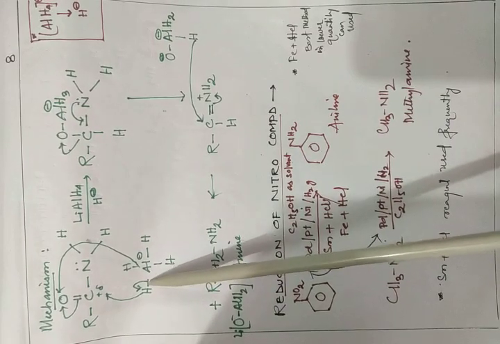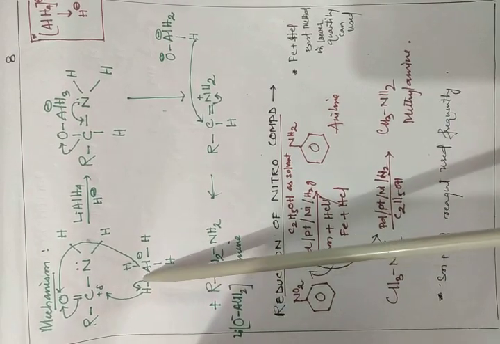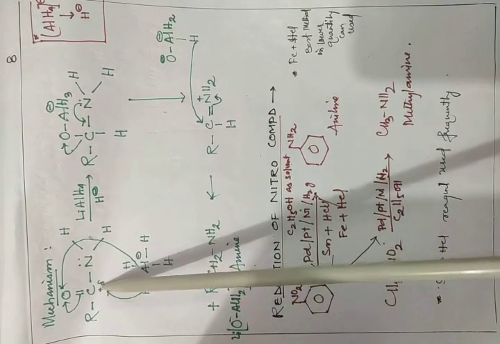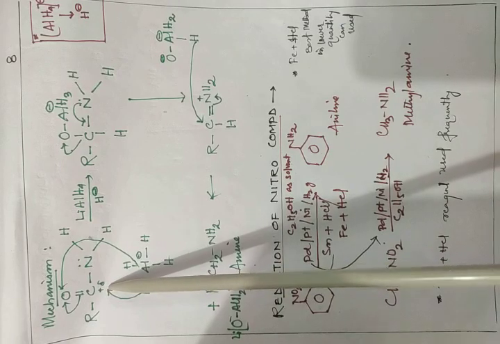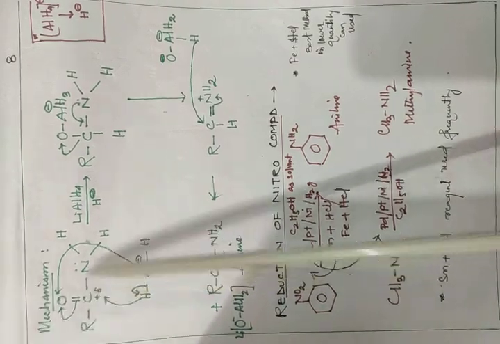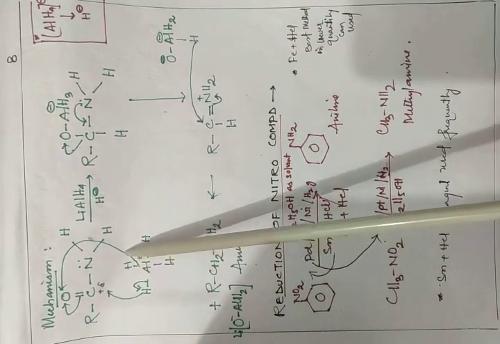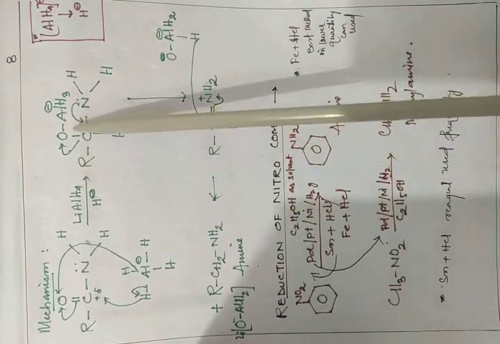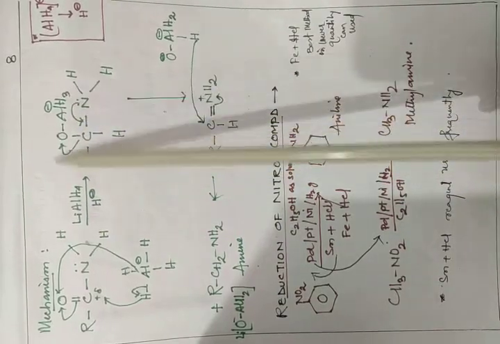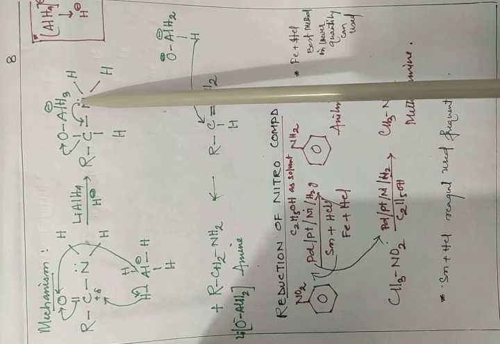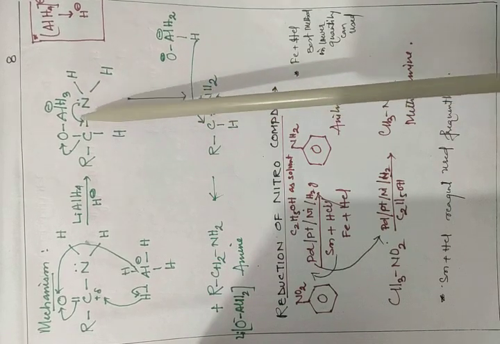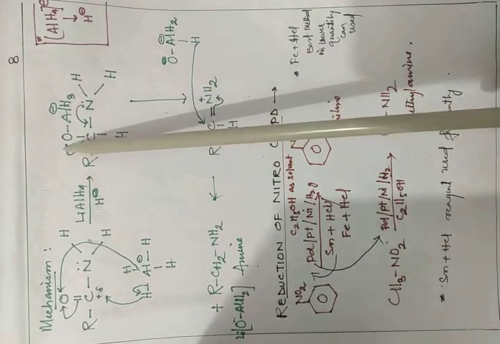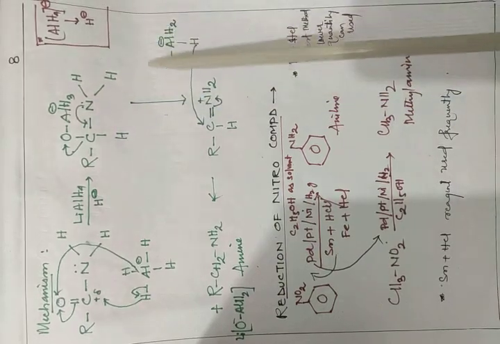From this aluminum hydride one hydrogen we have to eliminate, and the hydrogen that is eliminated combines to the carbon, because this carbon has less electronegativity, meaning it carries the positive charge. This aluminum will have more electrons that will be connected to this oxygen, and then we will get this compound. From this compound also, this lone pair is given to here. When it is given to here, it will get a double bond, and then this one we have to eliminate. If it is eliminated, then this will be obtained.